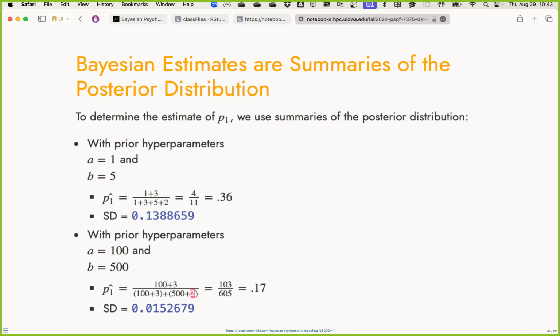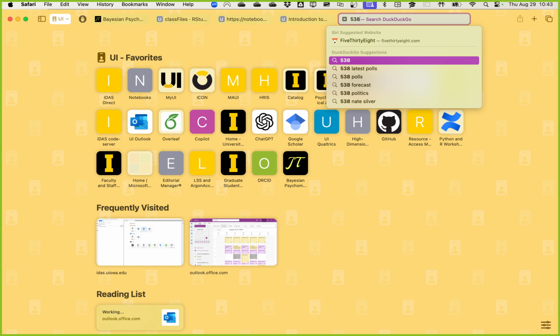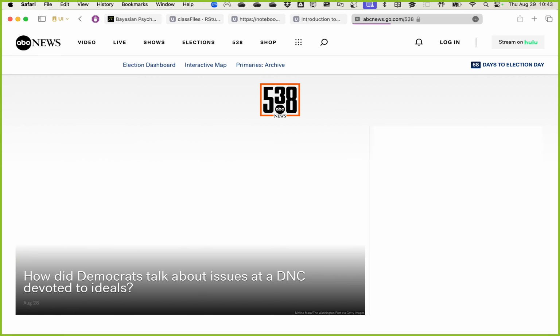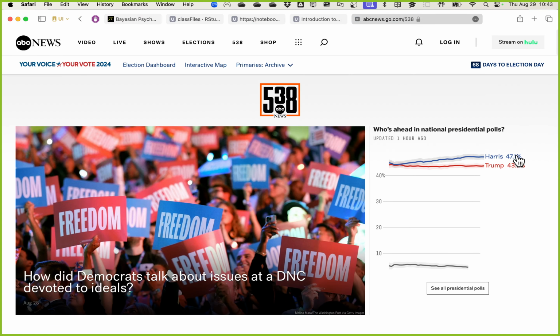Turns out that's the mechanism behind, and not to get too political here, if you know the website 538, have you seen this before? Polling data, who's leading. I'm not telling you who I'm voting for. I'm not going to tell you who to vote for. That's not what I'm doing here. Let's talk about the methodology behind it. It turns out this is a Bayesian system as well. Every time a poll comes out, these numbers are updated.